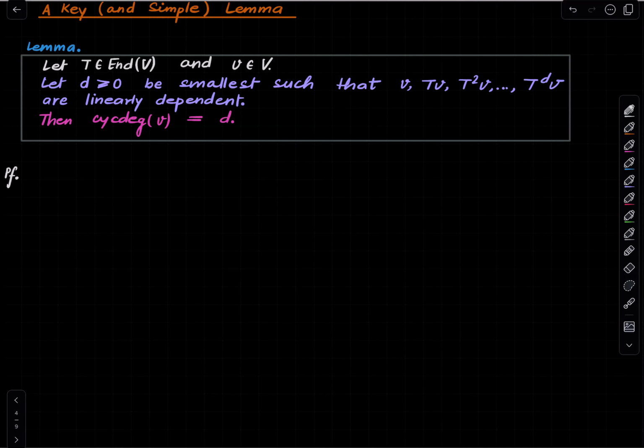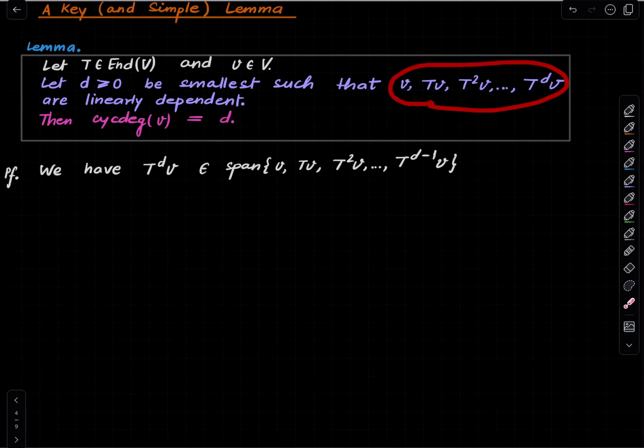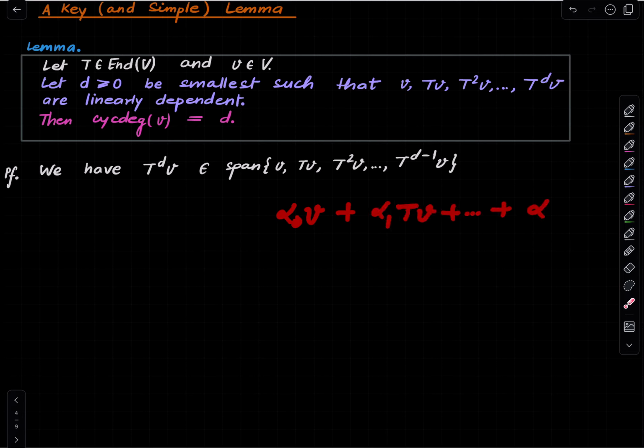So first, D is given, D is the smallest non-negative integer such that these are linearly dependent. And we want to show that D is the same as the cyclic degree. So first we know that this vector is in the span of the previous ones. Why is that? These are linearly dependent, so there exist scalars alpha 0, alpha 1, up to alpha D, such that this whole thing is 0.